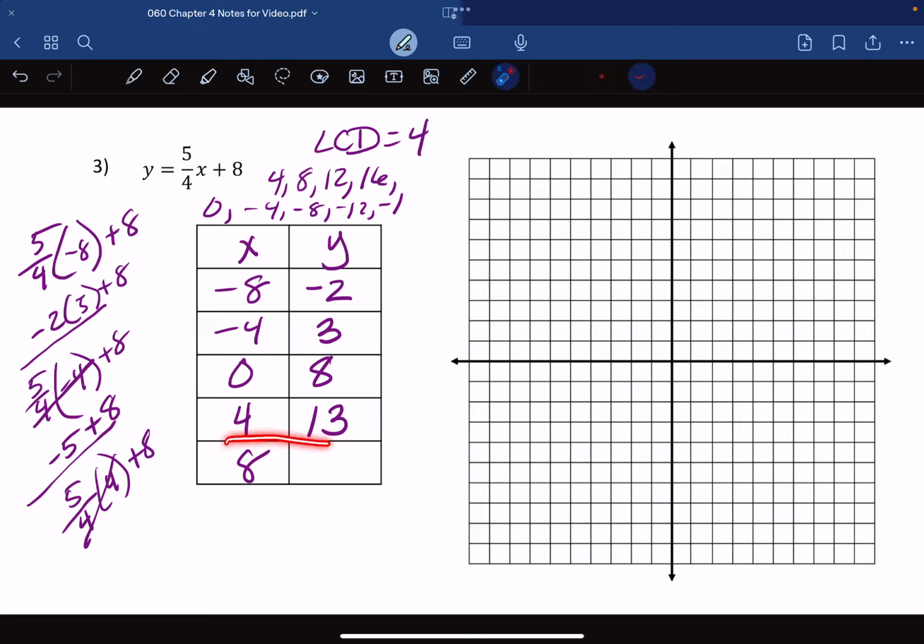And this is already too big for my grid, so 8 is going to be too big for my grid. So I could solve to get that one if I want it, but I know that's going to be too big for my particular grid.